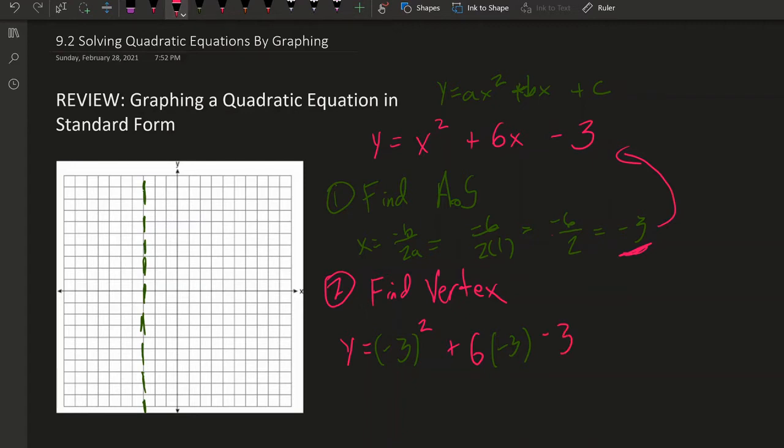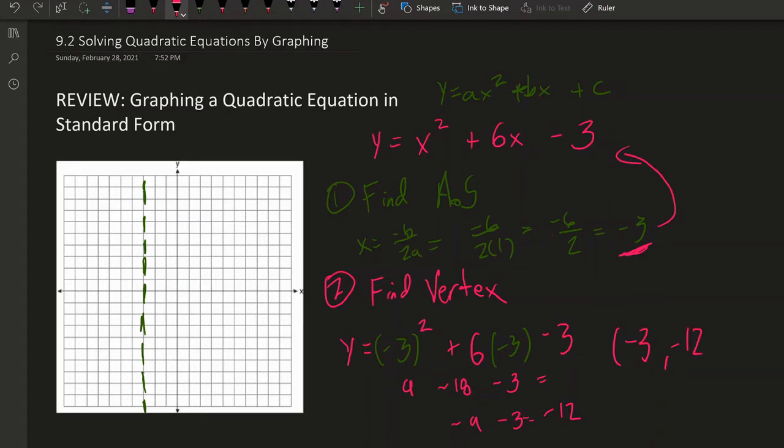So negative 3 squared would be 9. 6 times negative 3 would be negative 18. 9 minus 18 is negative 9. Minus 3 is negative 12. So that means my vertex is at the point negative 3, negative 12.